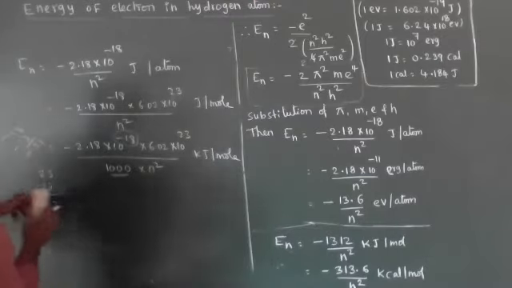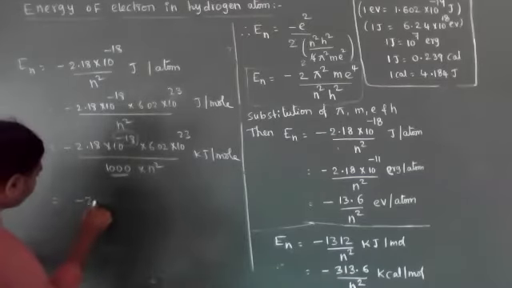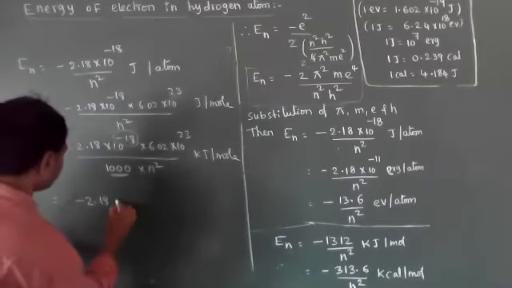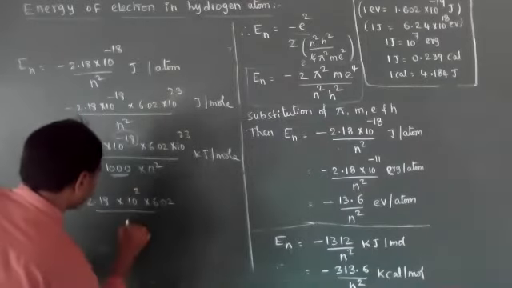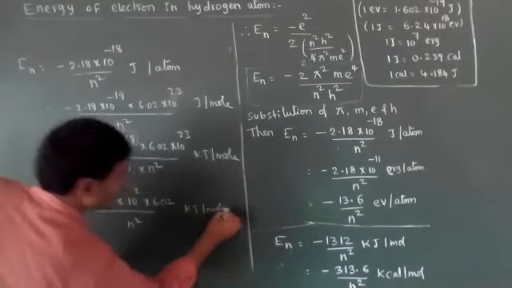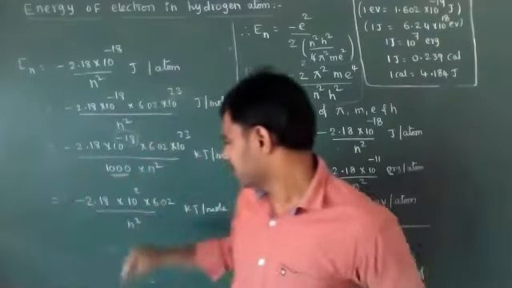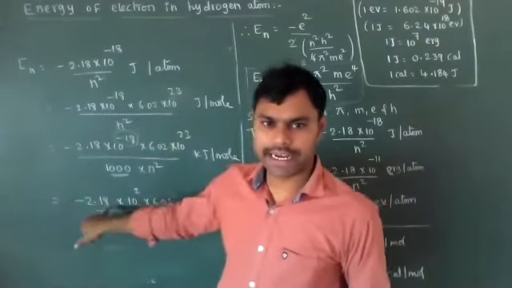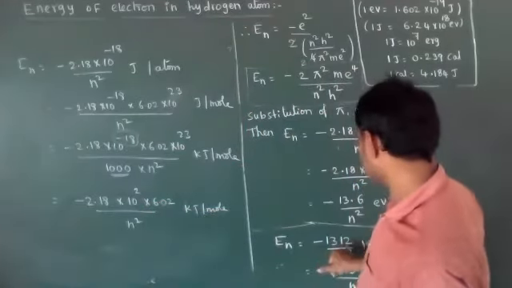Means this value is minus 2.18 into 10 square into 6.02 divided by n square kilojoules per mole. 2.18 into 10 square means nothing but 218. 218 into approximately 6, then we get 1312.